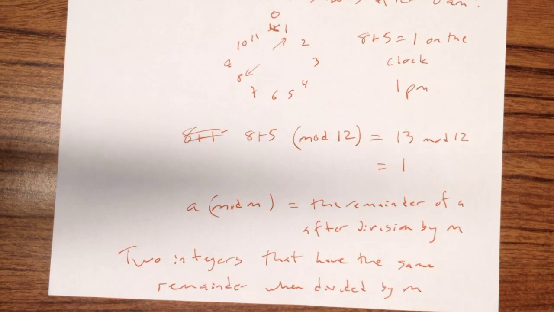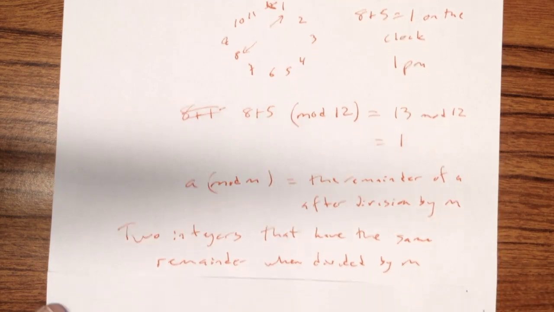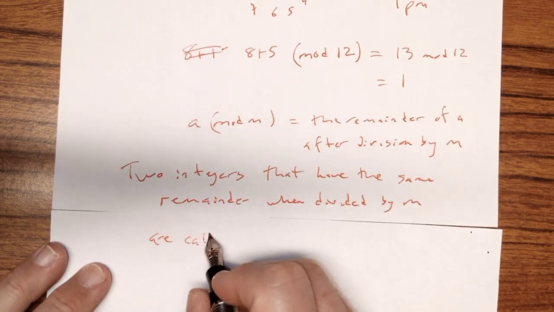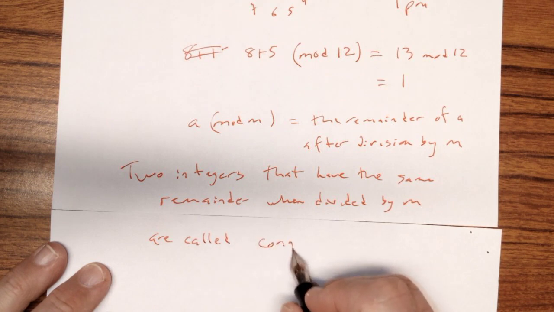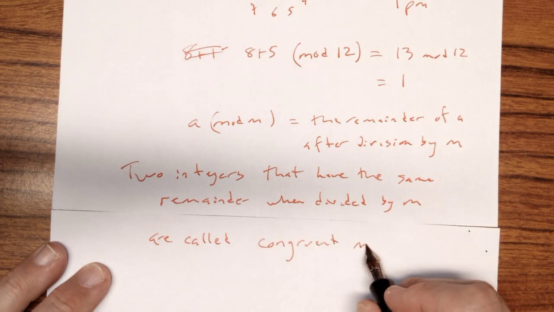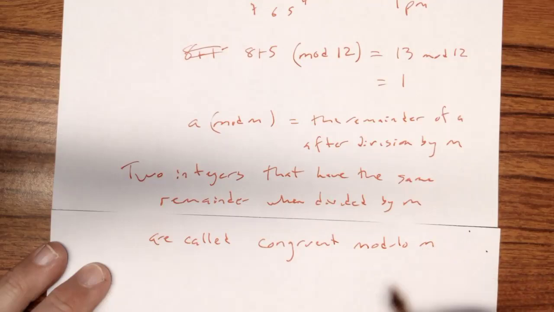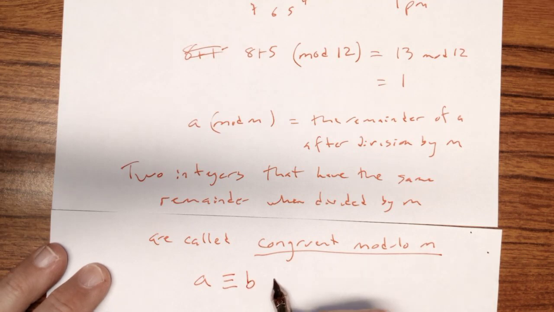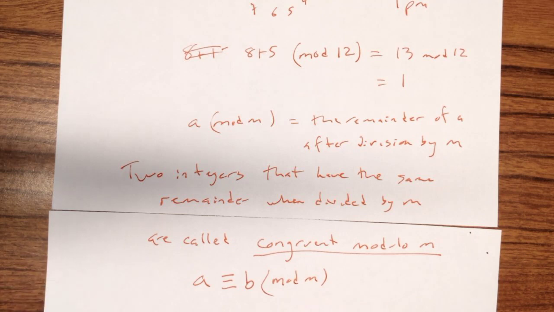If I have two numbers and they have the same remainder when I divide by something, M, we're going to call those numbers congruent, modulo M. We'll use a triple equal sign and we'll write mod M there.